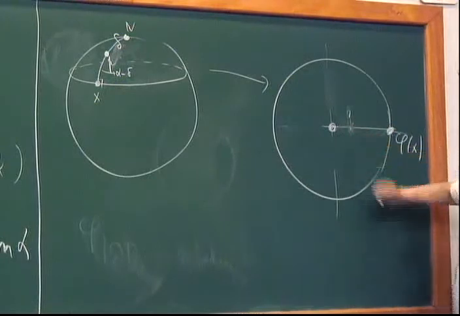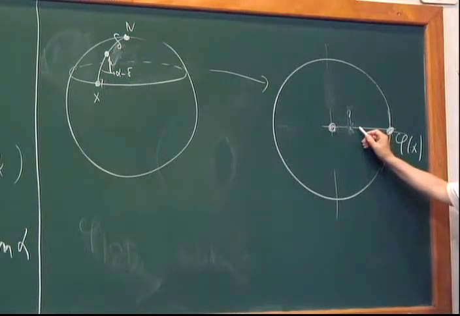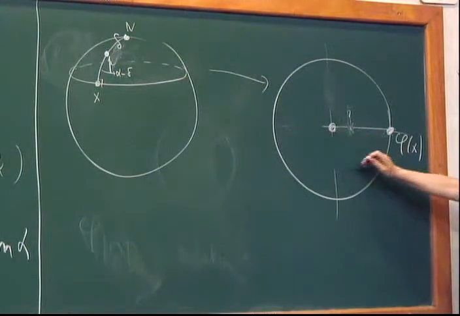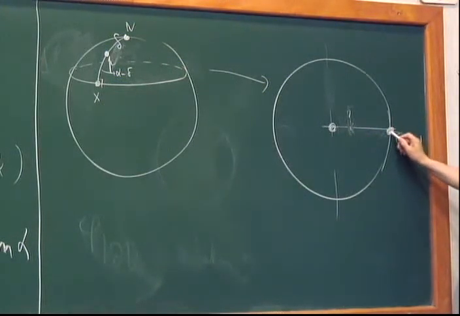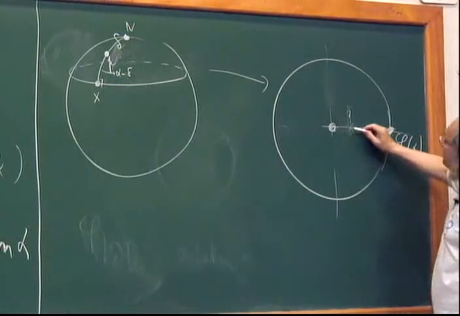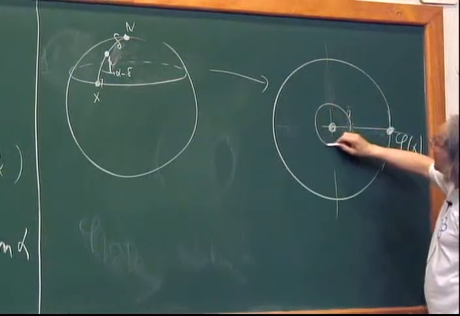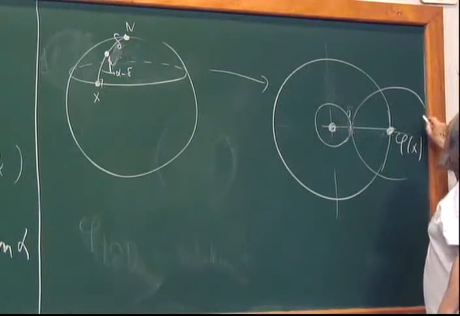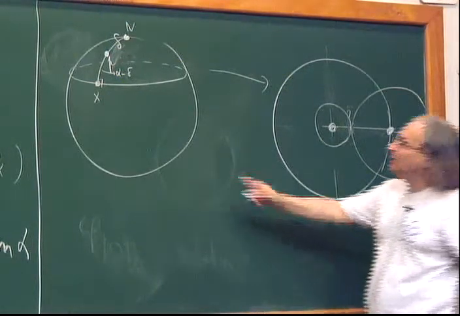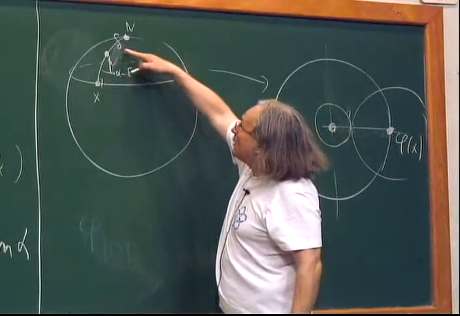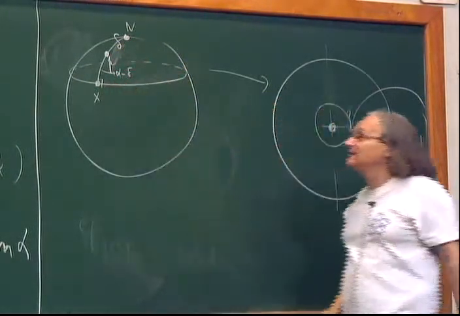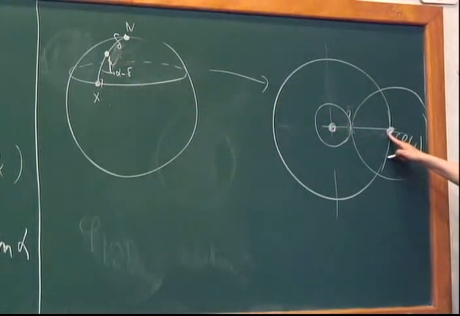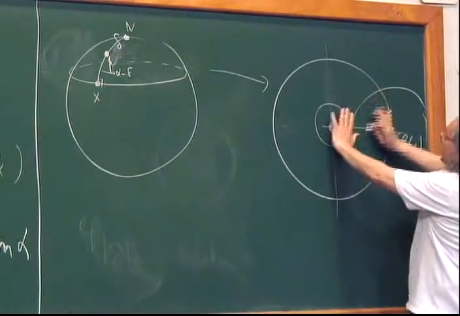So the point should be mapped to a point which is at distance at least k1 delta from the origin, and at least k1 times alpha minus delta from this point phi of x. So the image of the point P has to be outside of these two disks.